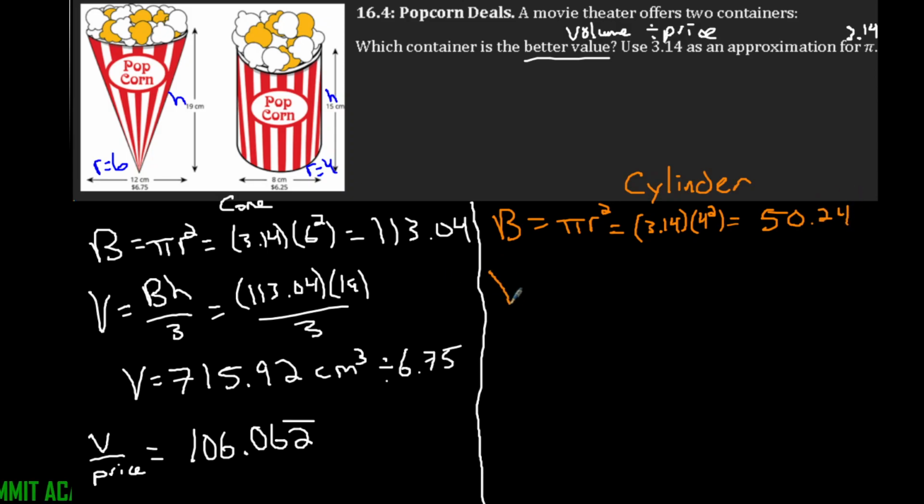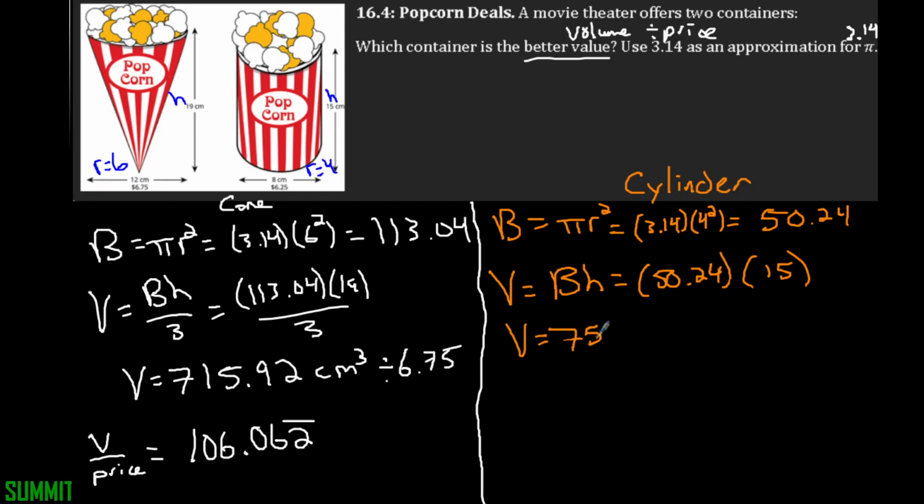Then we find the volume of this cylinder. So that's just the area of the base times h. So we're going to say that's 50.24 times the height, which is 15. And so the volume of this cylinder is going to be 753.6 centimeters cubed.